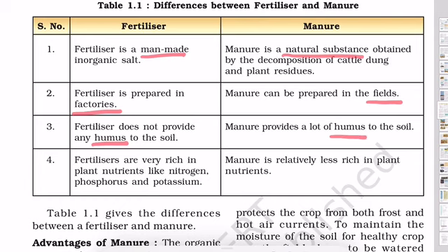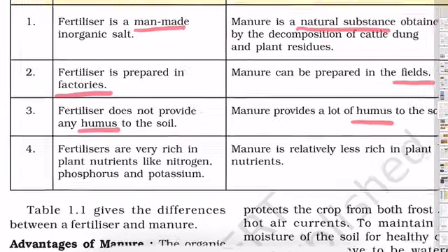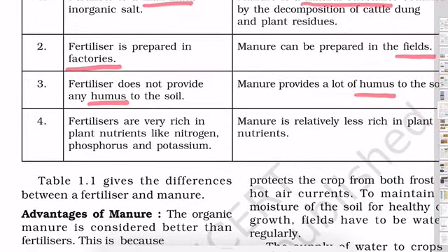Humus is a black colored soil which is formed when the leaves and plants die and decay, and the fungus and bacteria grow and decompose those things and produce a black colored soil. This humus is rich in nutrients, it makes the soil very porous, so it is very good for the plant. So manure is very rich in humus.